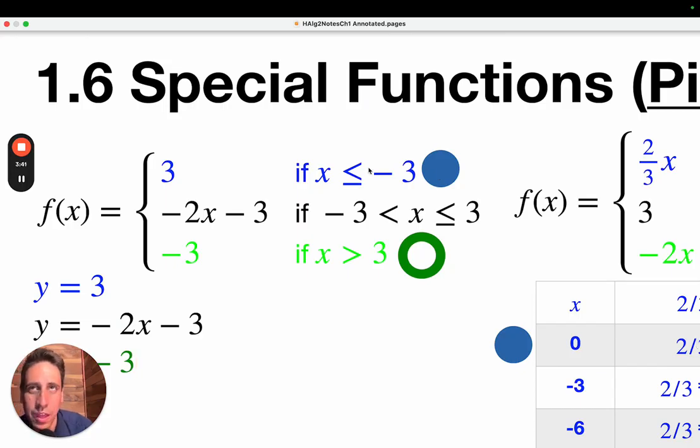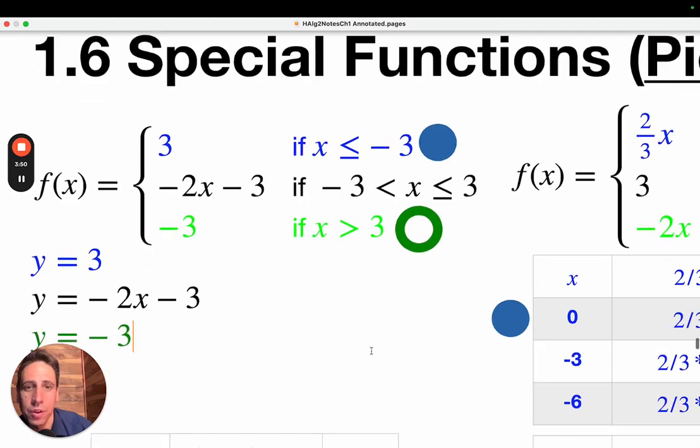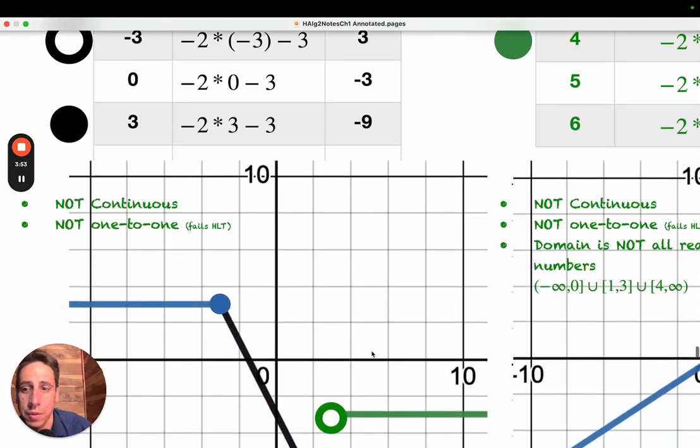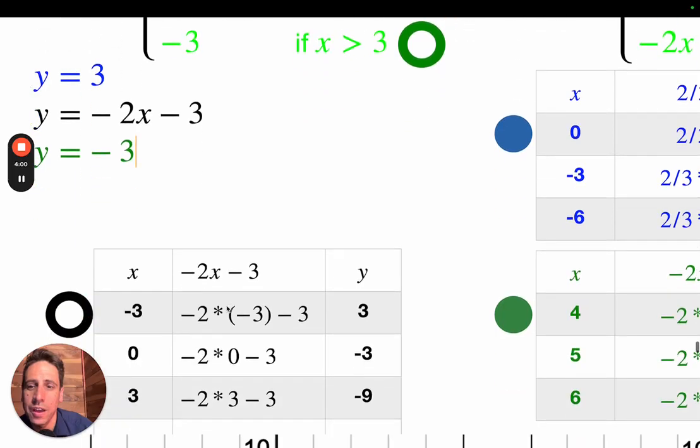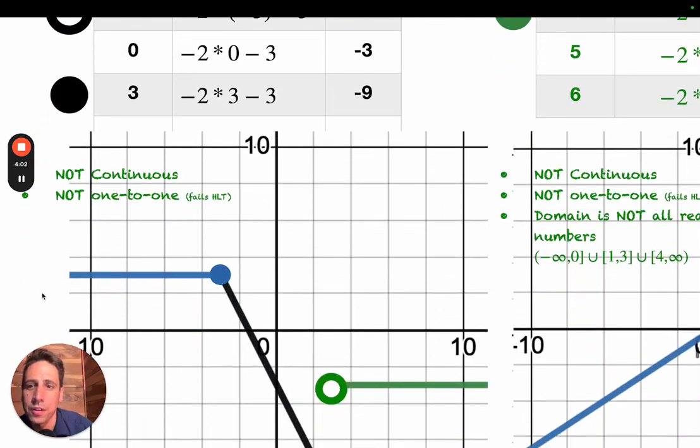Another really handy rule is that every one of these numbers corresponds to a dot on the graph, sometimes open, sometimes closed. So we're going to have a closed, filled-in dot right here. Boom. At x equals -3, y equals +3, and it includes all the x values that are less than -3.